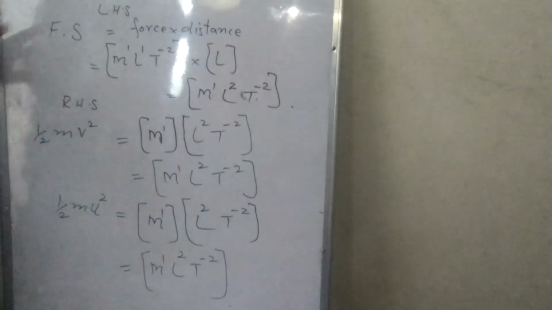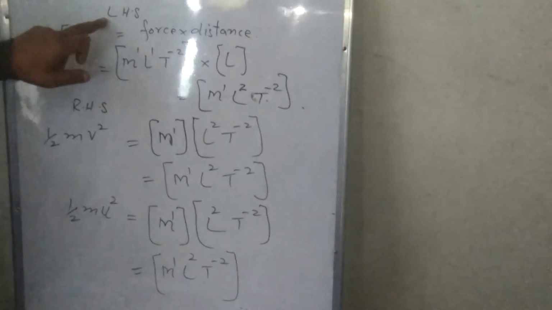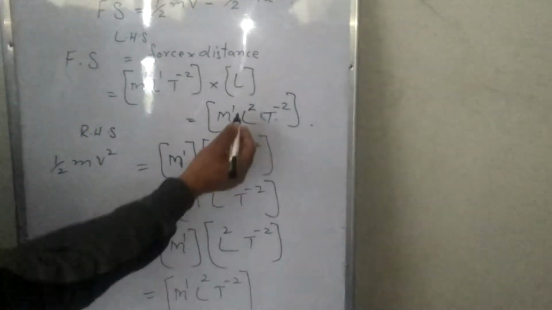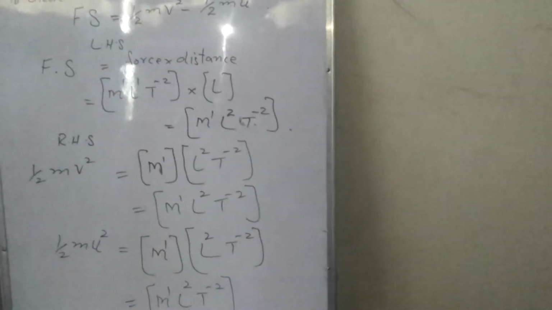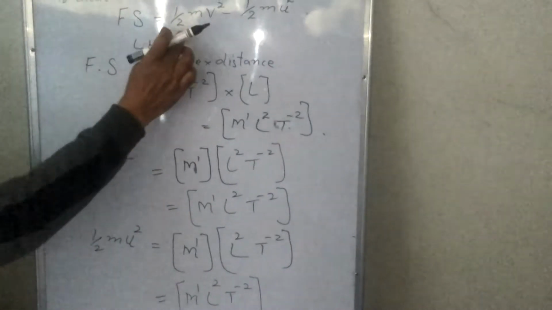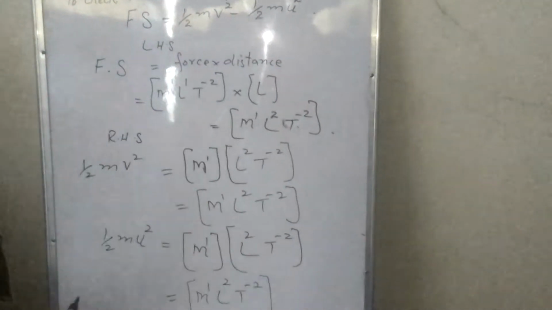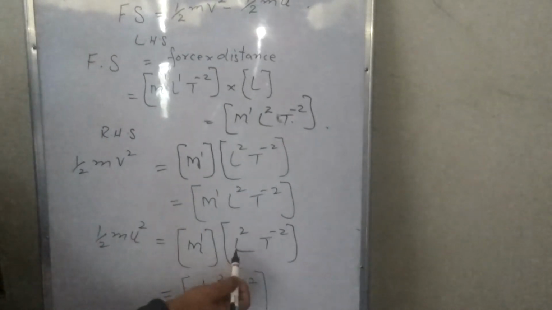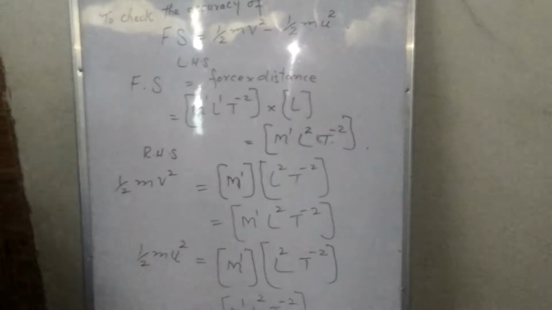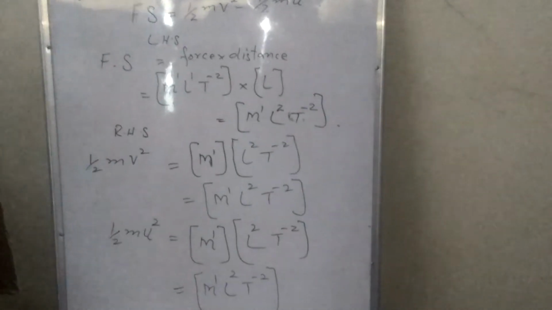Checking on both sides. The dimensional formula of Fs is M raised power 1, L raised power 2, T raised power minus 2. Same as the dimensions on the RHS, that is 1 by 2 of mv square minus 1 by 2 of mu square: M raised power 1, L raised power 2, T raised power minus 2.